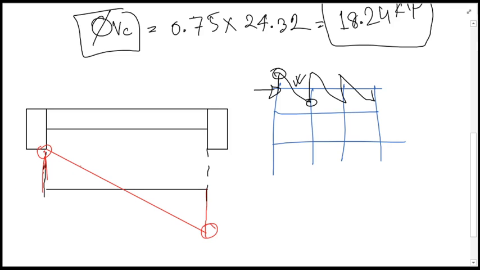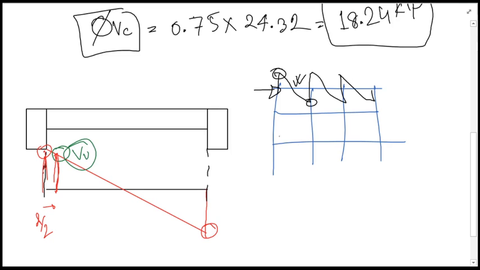Rather, we'll be taking a value which is at a distance d/2 from this point, that is the face of the support, the edge of the support. From this, after d/2 distance, might be this one, and that's why the maximum value we'll be taking is this value, and treat this value as Vu.